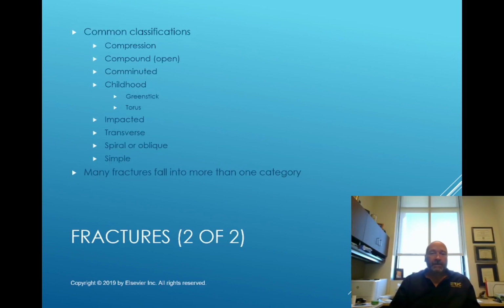Within those classifications, we've got a lot of different types of fractures, so we'll go through these individually. A compression fracture is a fracture where the bone collapses. It sounds an awful lot like an impacted fracture, but an impacted fracture, in my experience, has been specific to one type of bone, the humerus, whereas a compression fracture has been specific to vertebra.